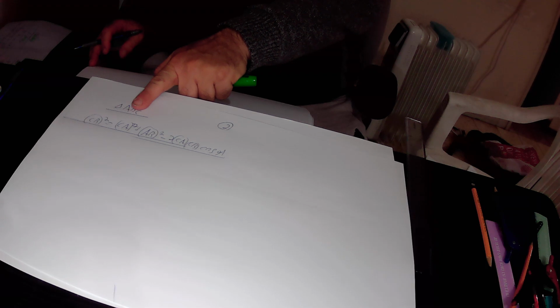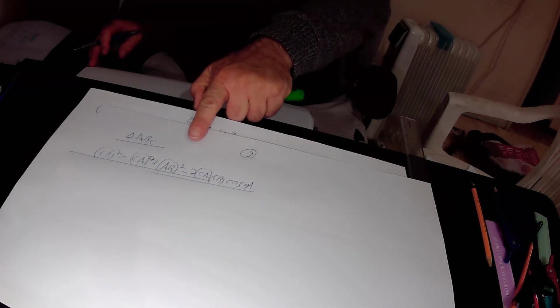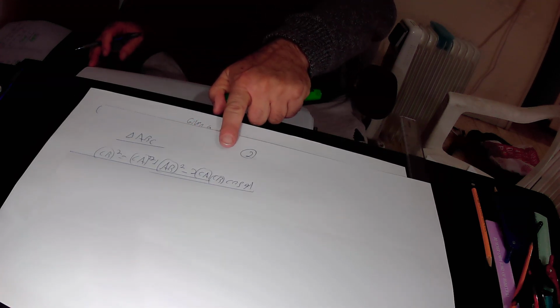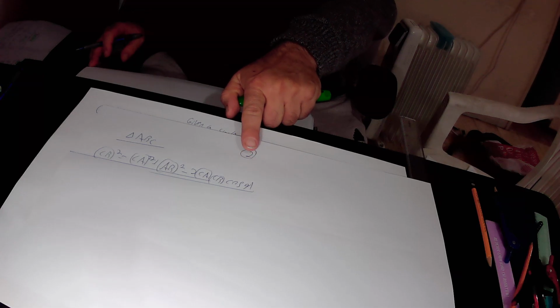CB squared equals CA squared plus AB squared minus 2 times CA times AB times cosine alpha. Again, in the big triangle ABC, according to the law of cosines, CB squared equals CA squared plus AB squared minus 2 times CA times AB times cosine alpha.